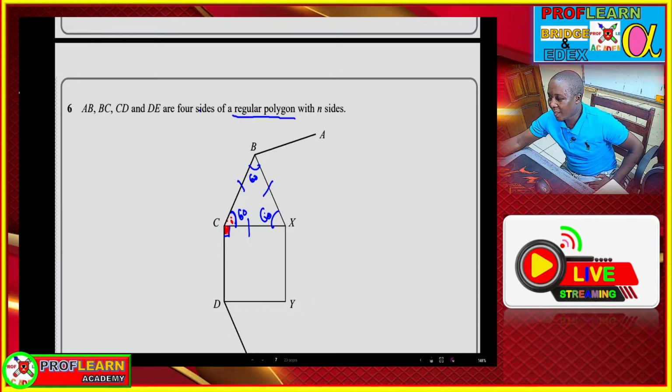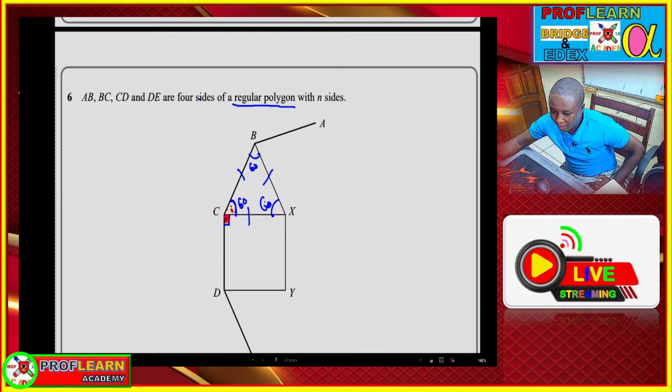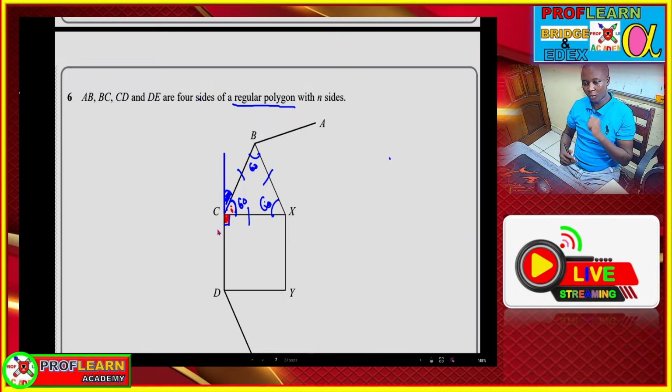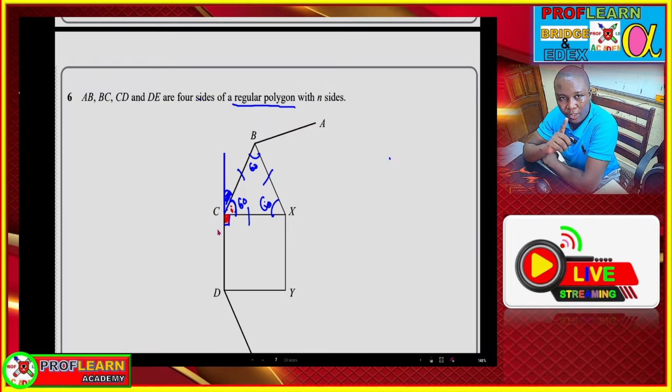This is quite interesting, because you can draw a straight line like that, and this angle here is called the exterior angle. If you know how to find that exterior angle, you're good to go.